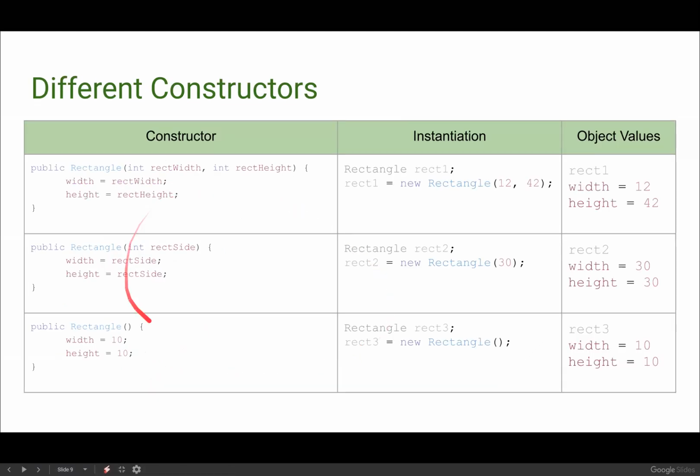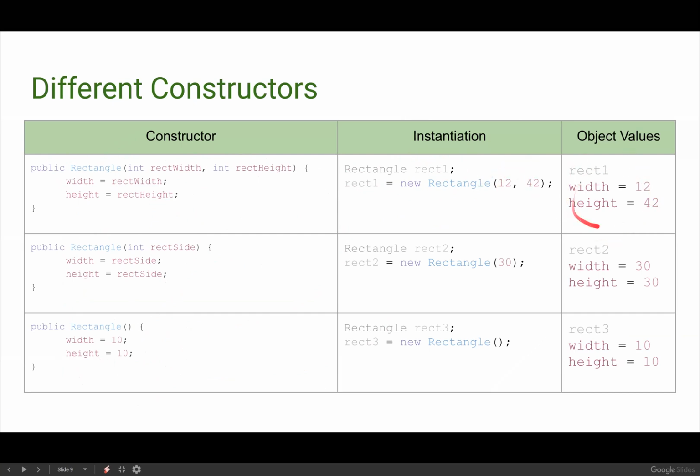So let's get a little bit of a look at what that would look like in our code. I can have all three of these constructors in my rectangle class. So I can have my public rectangle with my two formal parameters. When I actually use it, I'm going to say Rectangle rect1 equals new Rectangle(12, 42). So I'm providing two pieces of information.